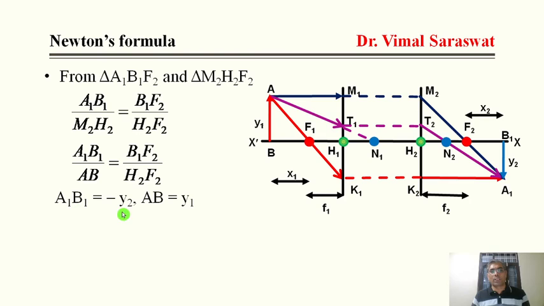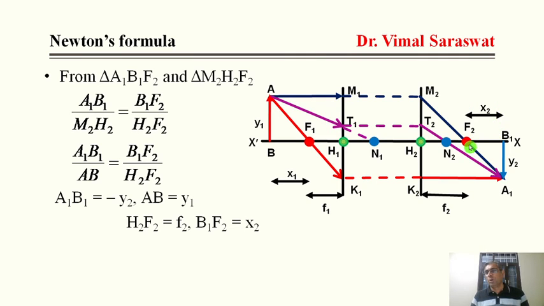A1B1 equal to minus y2, whereas AB equal to y1. Also H2F2 equal to f2, because this ray is measured in the direction of ray, so H2F2 equal to positive f2. And B1F2 is equal to x2, because this is also measured in the direction of incident ray.